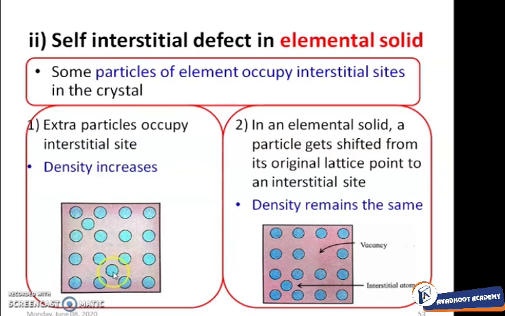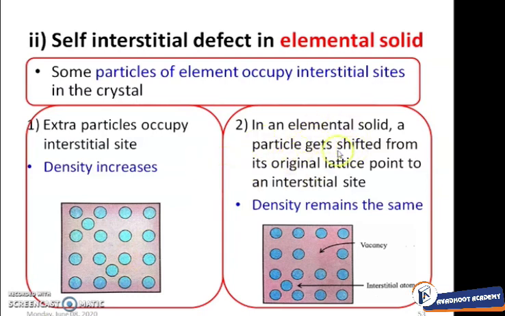Even this is an extra particle occupying an interstitial site. This type of defect is called self-interstitial defect. So atoms of the same element occupy the interstitial site. These are the extra particles, and this is one example. The density of such a defective crystal increases because there is an addition of extra particles in the interstitial site.